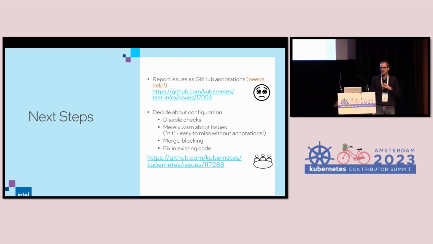It would be much nicer in this case if we could do it like in any other modern Go project that runs on GitHub, where the results of these different issues get posted as annotations, because then you can look at the source code that was modified. You will see additional hints on the different lines that have issues, and it's much easier to discover what's wrong and where it's wrong. But as I said, we don't have that in Kubernetes at the moment.